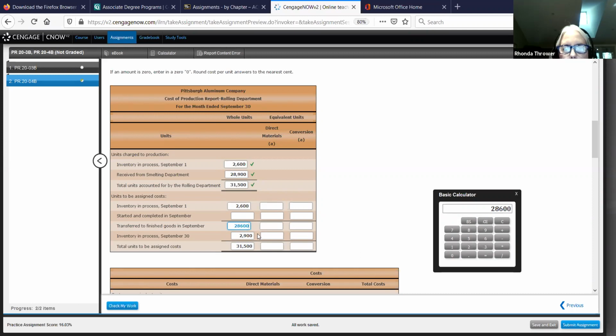And that's what you have transferred. Once you know what you have transferred, if you know what the beginning inventory units are, you can find what you started and finished during this period of time. So 28,600 minus 2,600 equals 26,000.